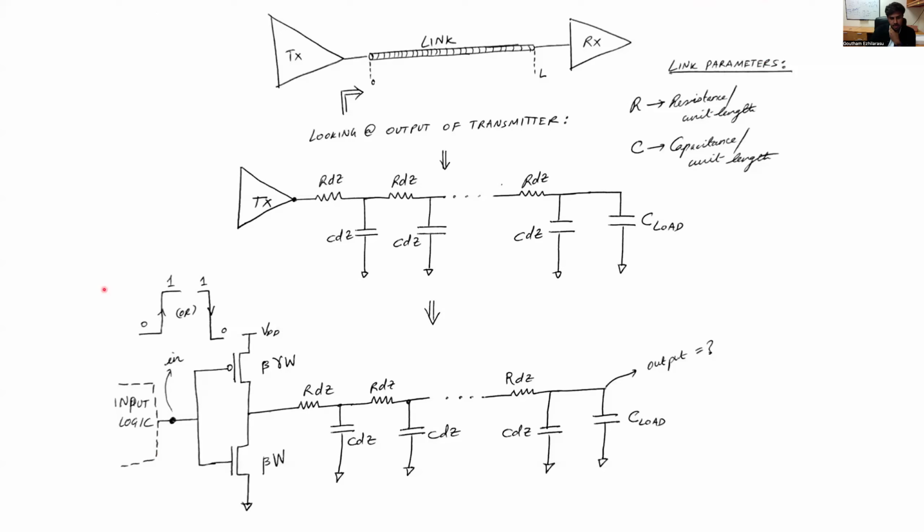So the equivalent circuit model is as shown here. For example, the input logic could drive this transmitter, which could be a beta inverter. And this beta inverter is basically driving the link, which finally terminates at some load capacitance.